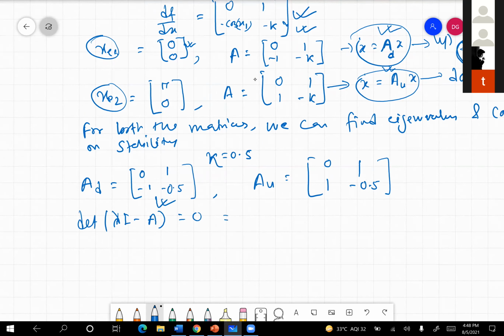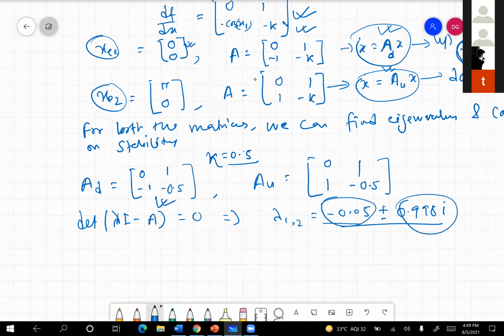So from this, if we solve this equation, my lambda 1 and lambda 2 are given by minus 0.05 plus minus i something. You can check it in MATLAB. I can't remember what value I have taken, but basically this will be some real part and an imaginary part.